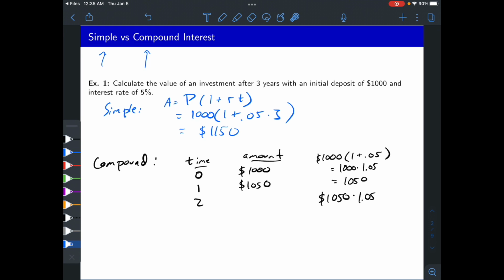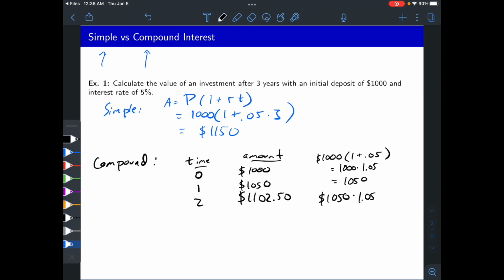So 1,050 times 1.05 is equal to 1,102.5, or $1,102.50.